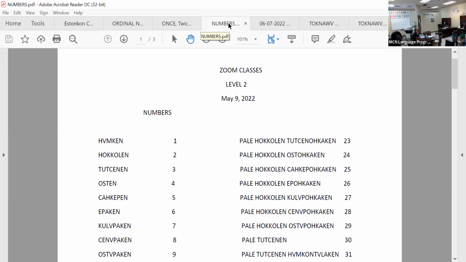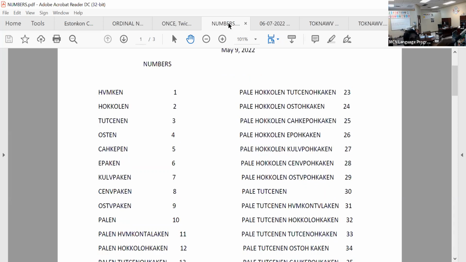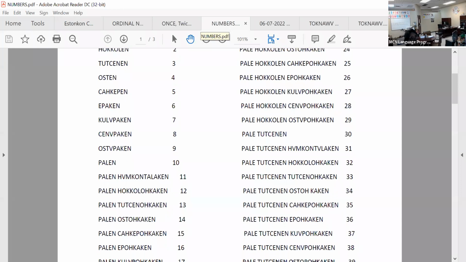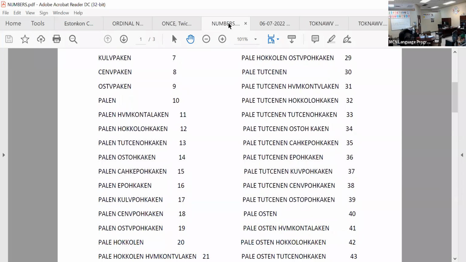Bali Hokolen, Ibokkagen. Bali Hokolen, Kolabokkagen. 27. 28, Bali Hokolen, Jinabokkagen. 29, Bali Hokolen, Ostabokkagen. 30, Bali Dorchinen.